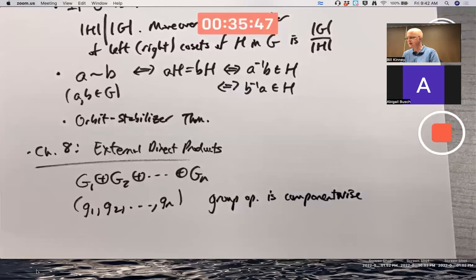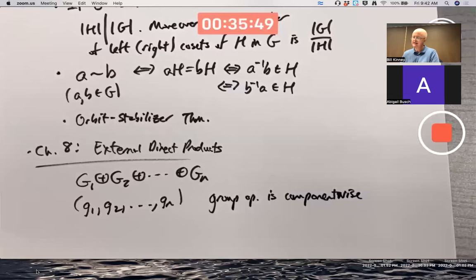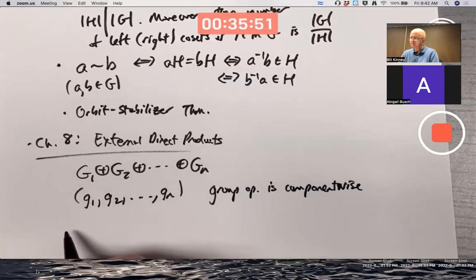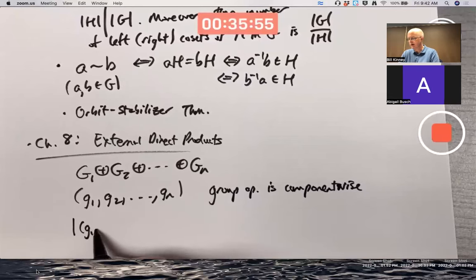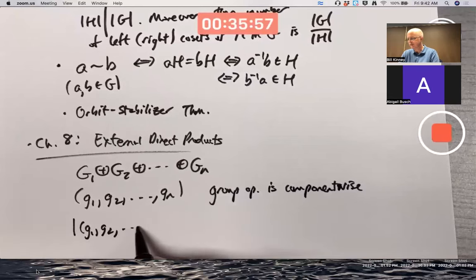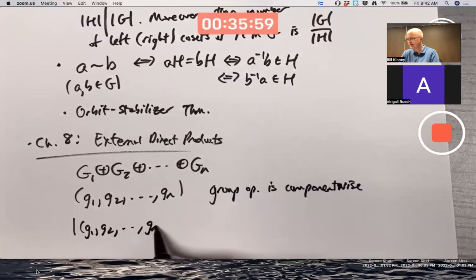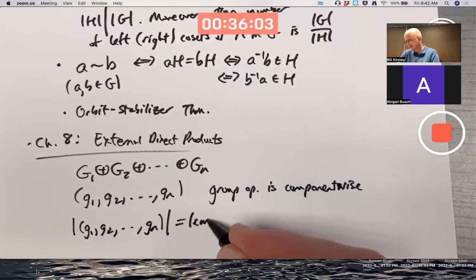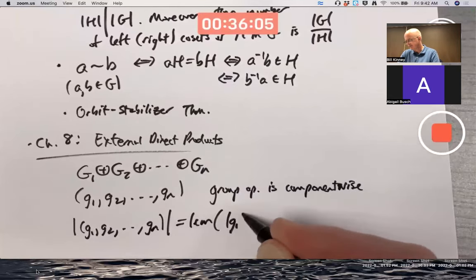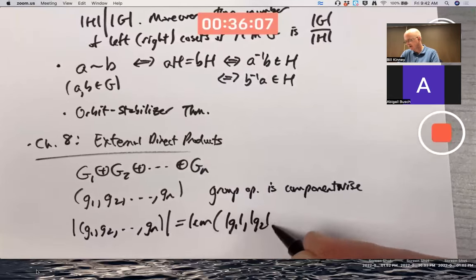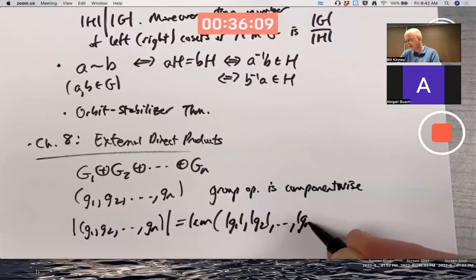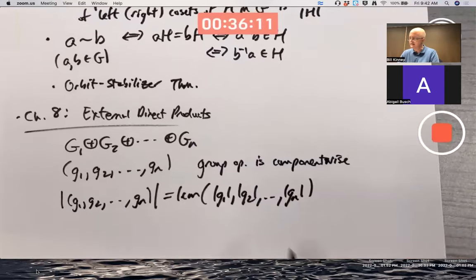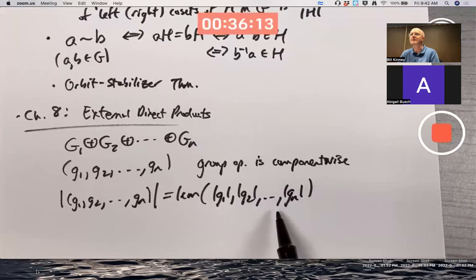So that's the definition of an external direct product. You've got the LCM condition about the order of such an element, assuming each of these components has finite order. So this equation I'm writing only works when all these are finite numbers, right? Can't be infinity.